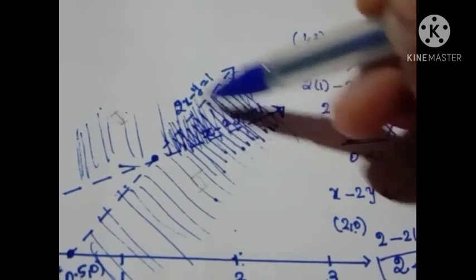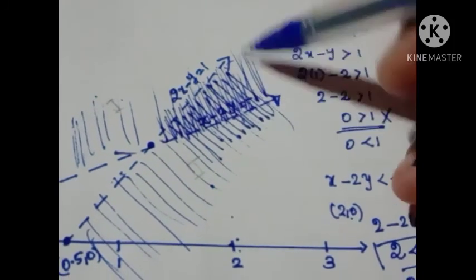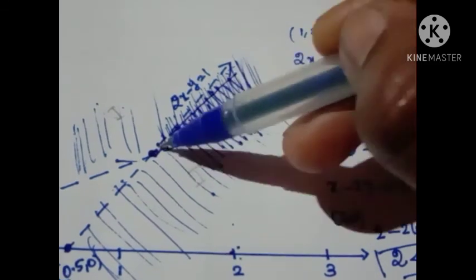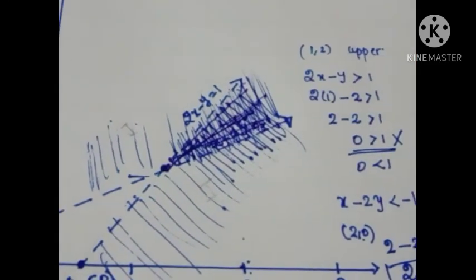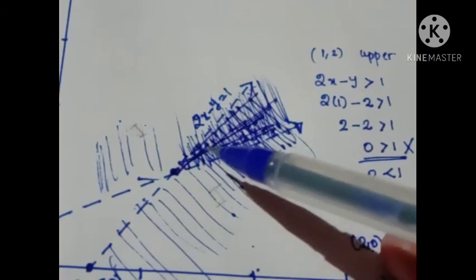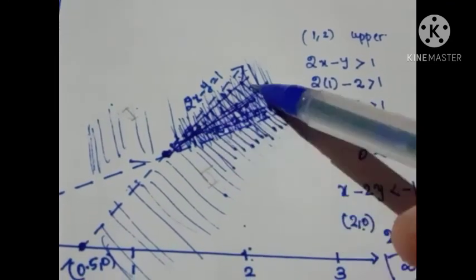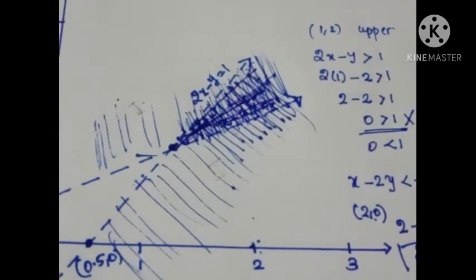So these two lines intersect only in this region, isn't it? In this region only you can see. So the solutions belong to this region. This is the common region.